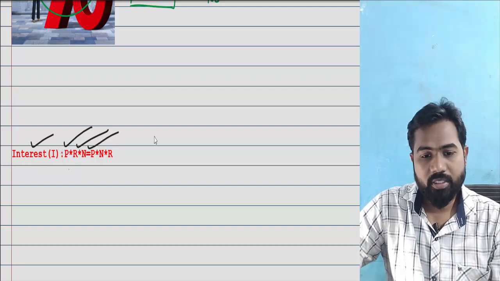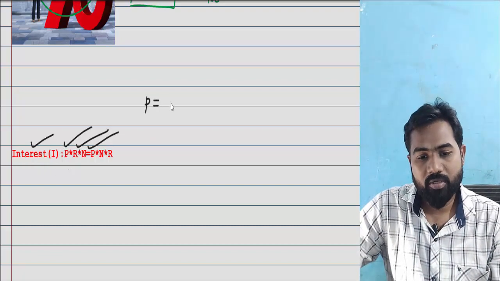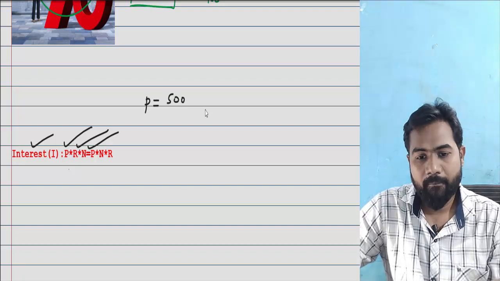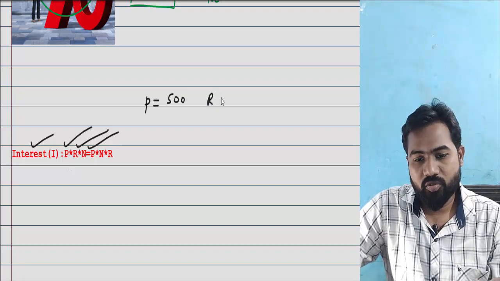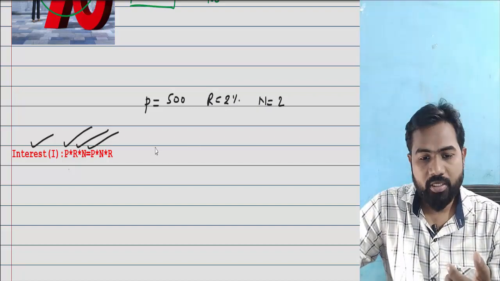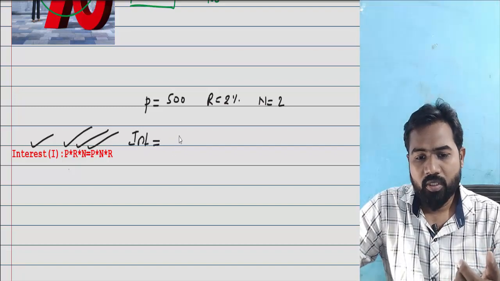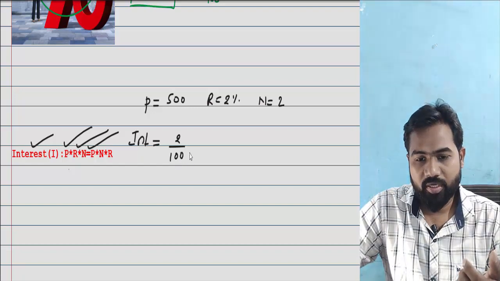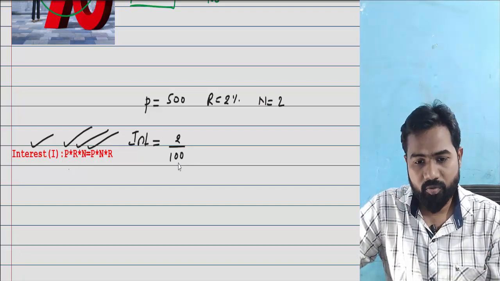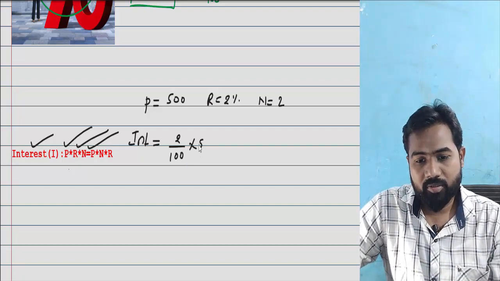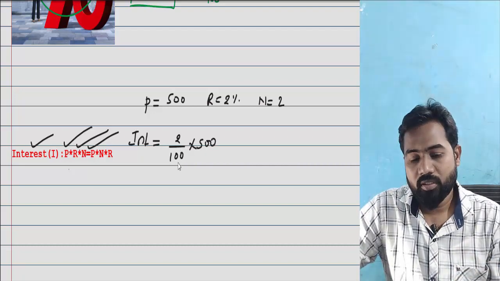For example, students, let me take the principal amount as a small amount like 500, and the rate of interest is 2%, and the number of years is 2. Can you tell me the interest paid by the borrower? So interest will be equal to, as I told you, 2% is 2 out of 100, that is on 100 you have to pay 2 rupees, multiplied by the principal amount.